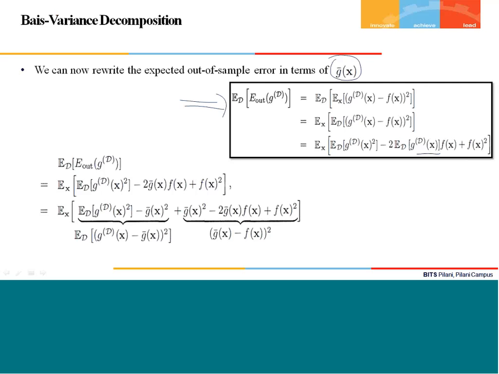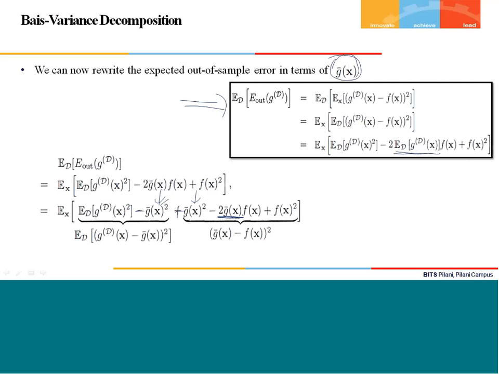Expected value of the x given for different data sets, that is given by the average hypothesis. So this is replaced here, and we have just added minus g of x and plus g of x. They cancel, because this is minus and this is plus, right? It will not change anything.